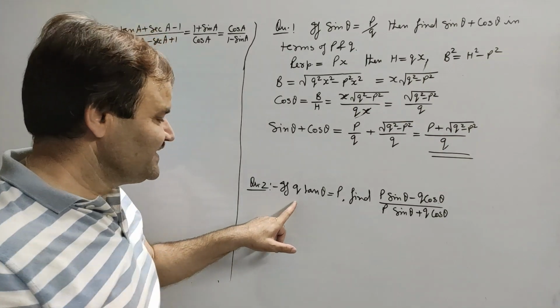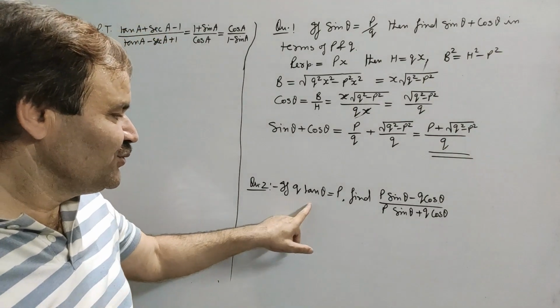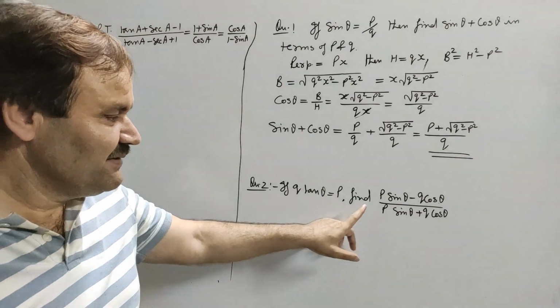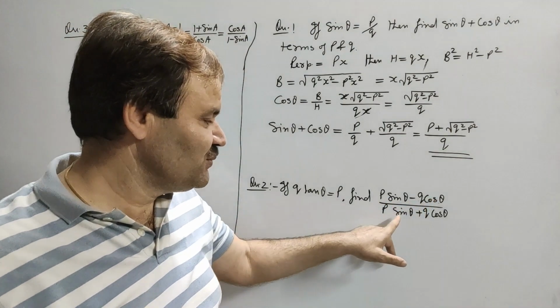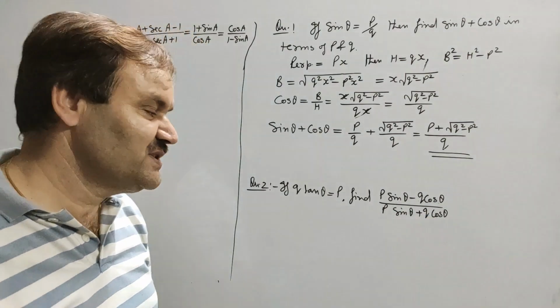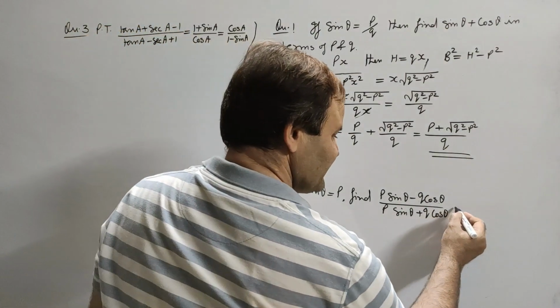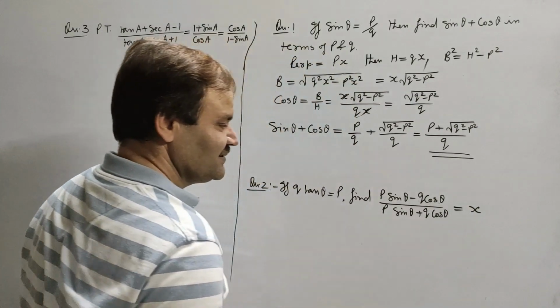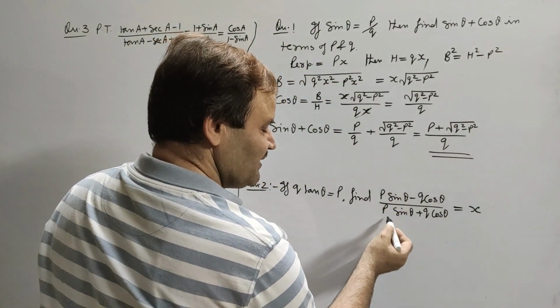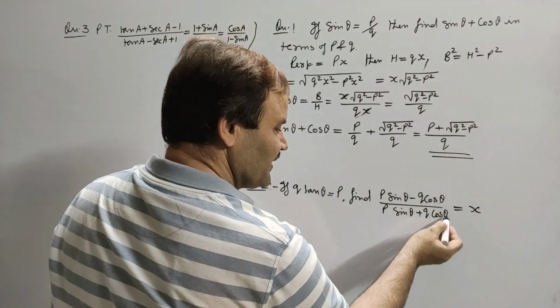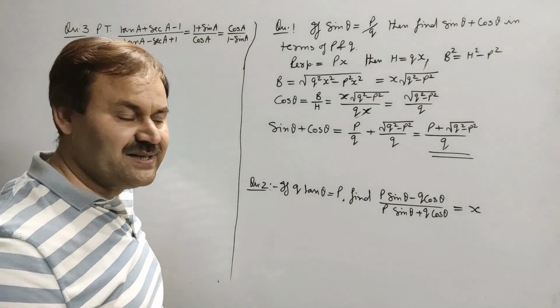Now in the second question, q tan theta is given as p and we have to find out the value of p sin theta minus q cos theta upon p sin theta plus q cos theta. Say this value is x. We are taking the value as x so that it may not be required to write this expression again and again.